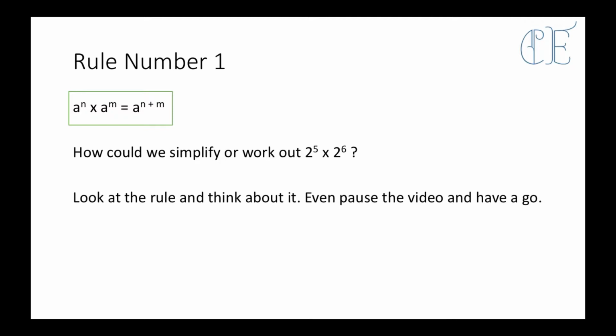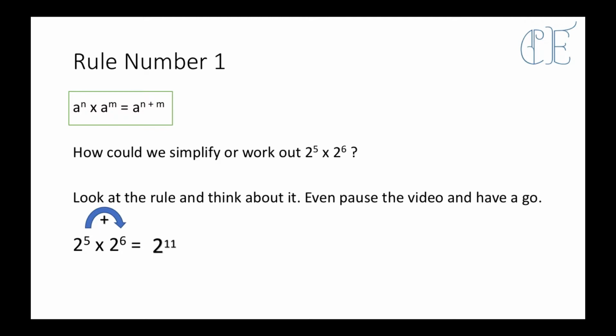Okay, so let's go through it. So 2 to the power of 5 times 2 to the power of 6 means we will just add those two powers together, giving us 2 to the power of 11. That's all you have to do. Okay. If it wants you to simplify it, this is our simplified version. We're just adding them together. If it actually wanted you to work out the answer to it, then you would actually have to do 2 times 2 times 2 times 2 times 2, and so on, 11 times.